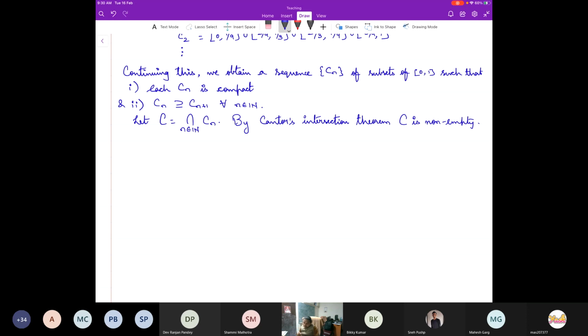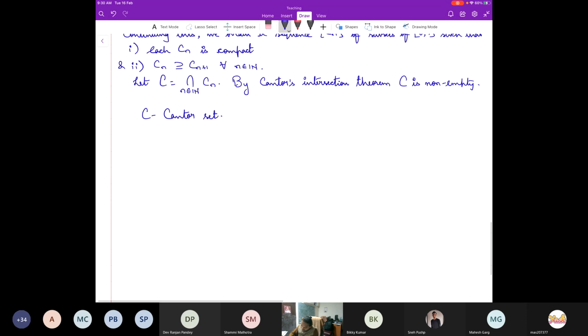Right. This non-empty set C is what is called the Cantor set. Fine. Our aim is not to do this classical real analysis, but we are here for doing measure. So let's calculate.